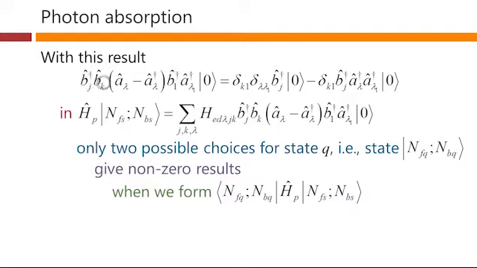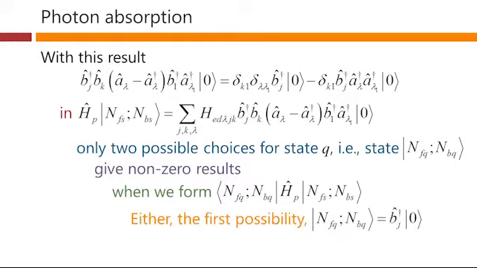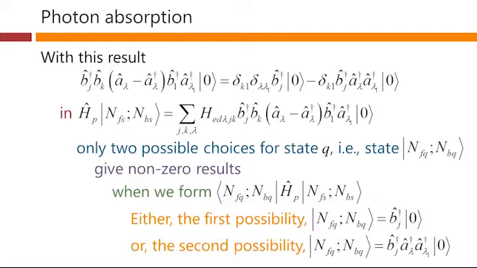So we've managed to write all these operators out like this, and they're the ones that are in here, and hence there's only 2 choices of the state Q to put on the left here, 2 choices of fermion and boson occupation lists to put on the left that will give us non-zero results. Either we choose this state to be Bj dagger operating on the empty state, or we choose this state to be Bj dagger, A lambda 1 dagger operating on the empty state.